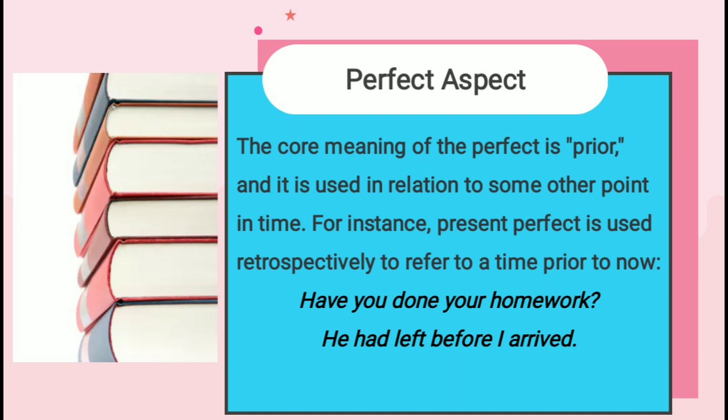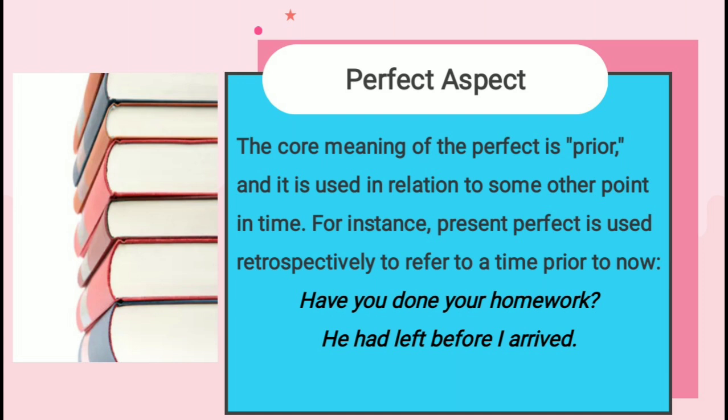For instance, present perfect is used retrospectively to refer to a time prior to now. So nagre-refer siya to a time na naganap na, or the past time up until now. Here is our example: Have you done your homework?